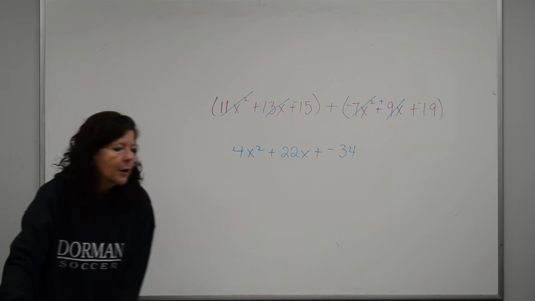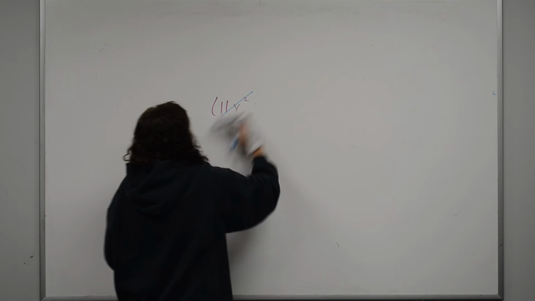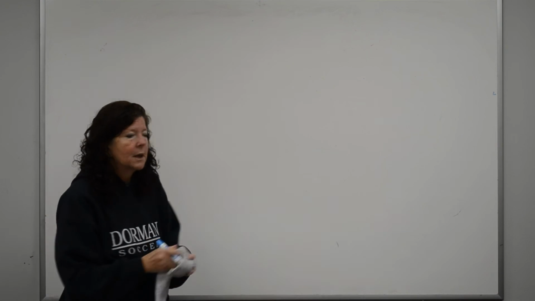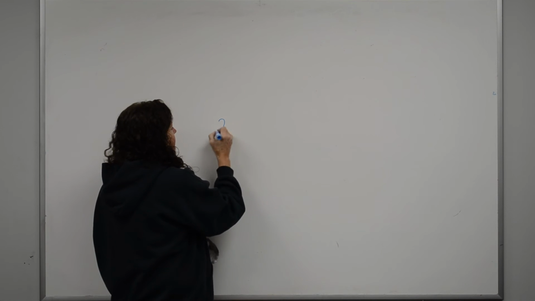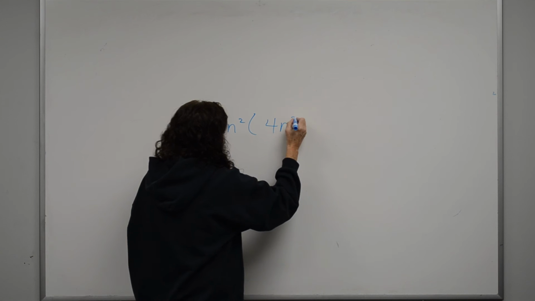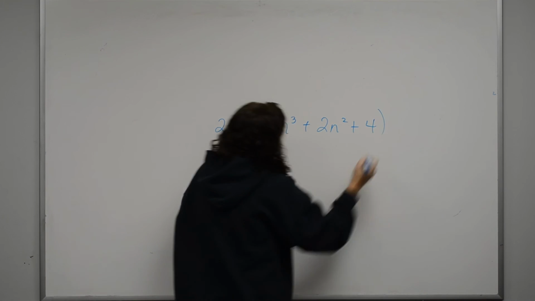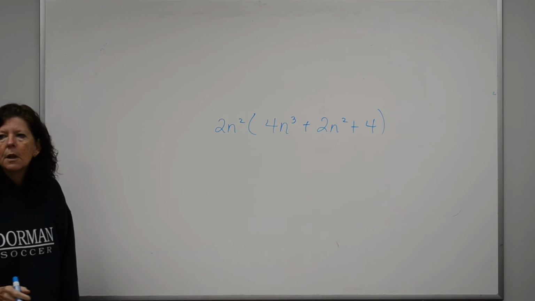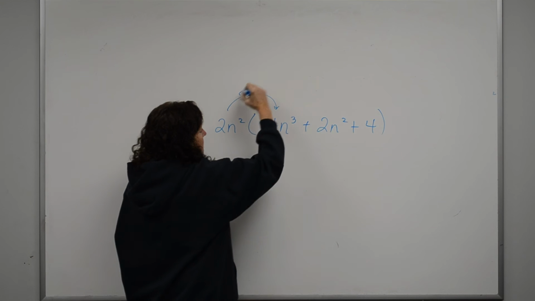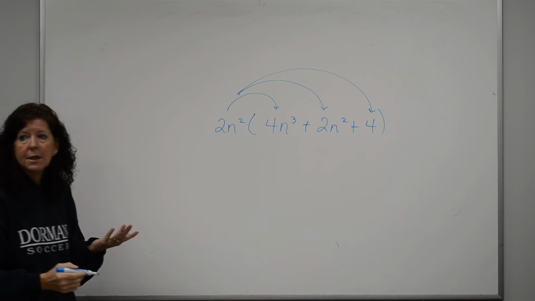Got it? Okay, then we moved on and we did multiplication. On multiplication, we did a monomial times a polynomial. So we started out with something like this, maybe. Okay, let's say I have that. That means, because I have a monomial on the outside, I'm going to distribute this and multiply every single one of them.